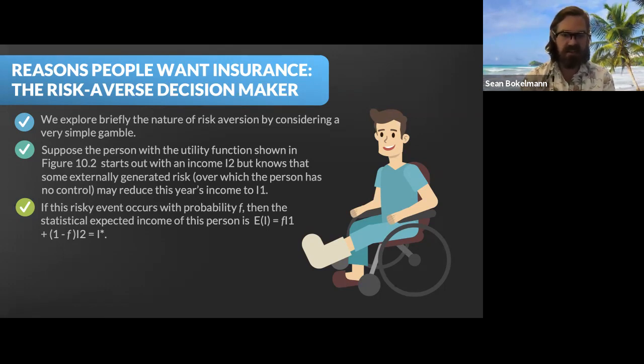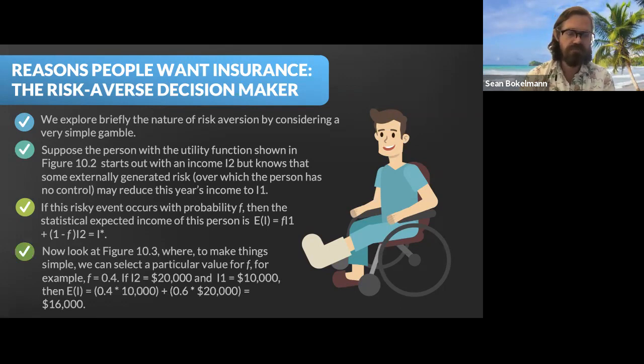So that's how you calculate expected income in this example. Pretty straightforward, right? It's the same thing I did when I calculated the expected value of that coin toss, right? I did the same calculation, just using the probabilities and values in the example I gave.